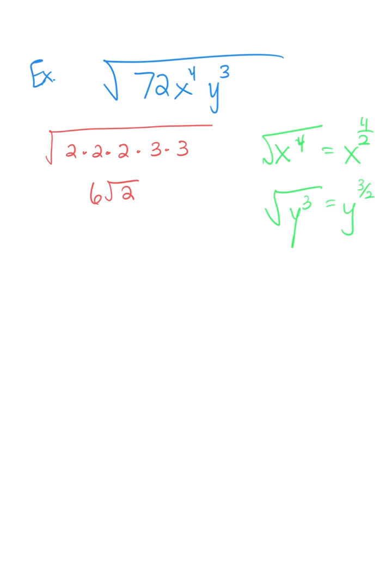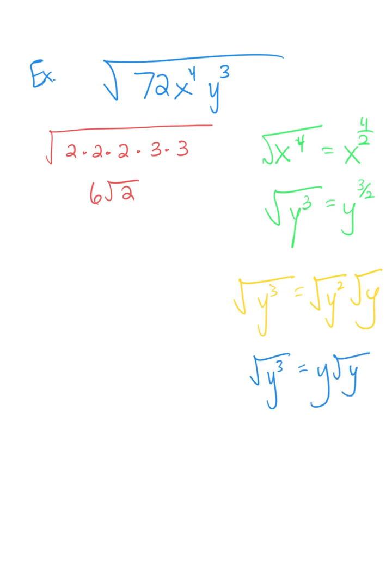Okay, so some of this is clean, some of it's not. So what I would do is if I'm doing the square root of y cubed, I'm going to see that as the same thing as square root of y squared times the square root of y. I'm going to split them up. Again, this is where knowledge of the rules of exponents helps out. So when I split them up, then I get the square root of y cubed is the same thing as y square root of y, because I can pull out one, can't pull out the other.